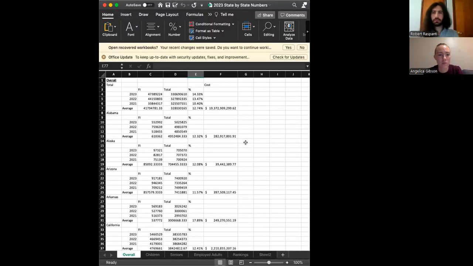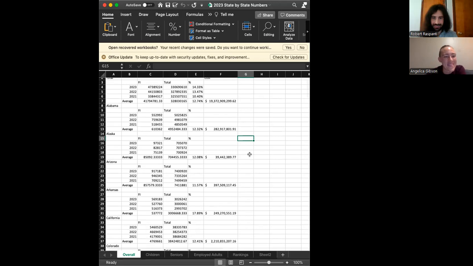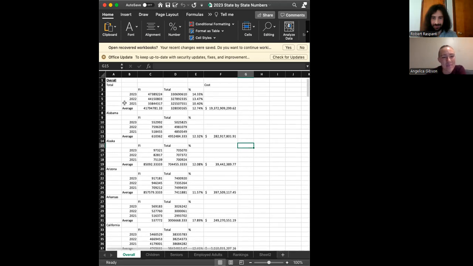It's an extremely simple spreadsheet, but we do 3-year averages. We average 2021 to 2023 just to make it a little bit more accurate because of those sample sizes.